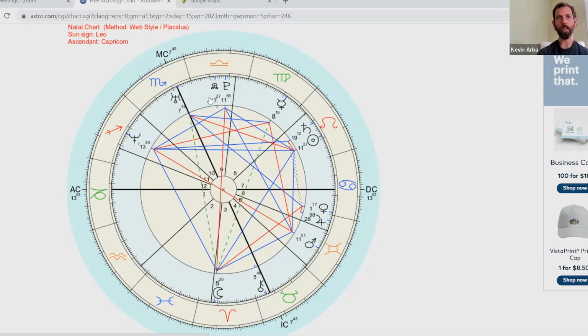So a lot going on with Pluto here as well. It would take more time than we have in this video to really break that whole thing down. But that would all then kind of be tied into the Midheaven, is the planet which rules the sign that the Midheaven is in, as well as any planets that are near it.